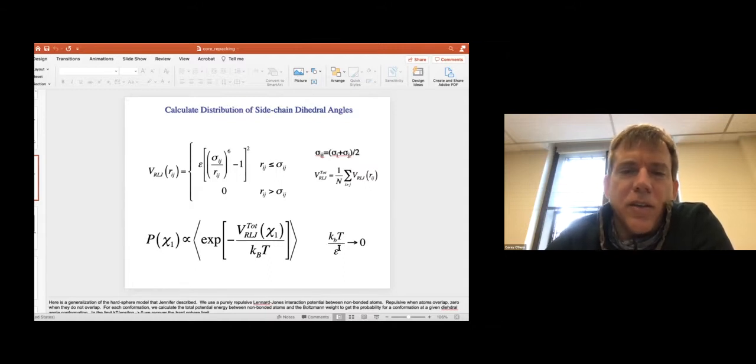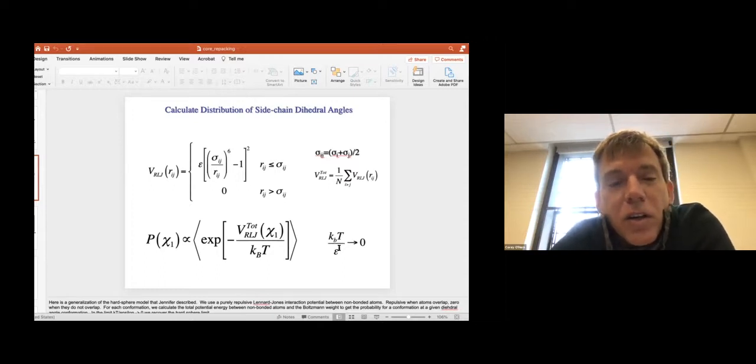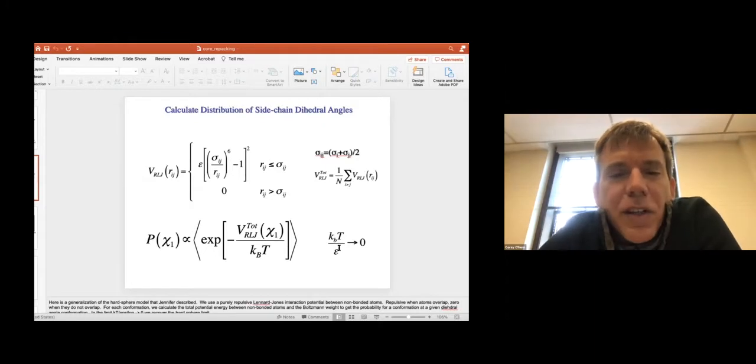So this is if a pair of atoms are overlapping each other, so their separation is less than the average of their diameters, then there's going to be a repulsive force that pushes those 2 atoms away from each other. And so that's what this top equation is.